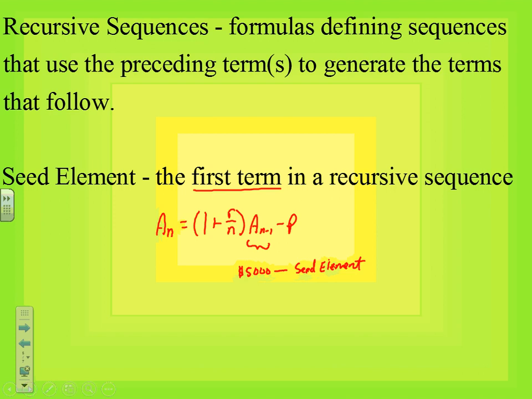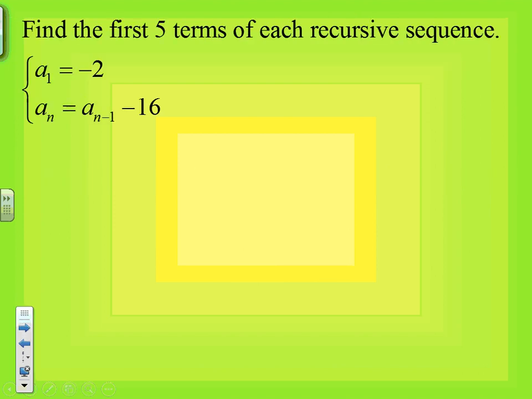And it usually is going to be a decreasing thing over time, because you're paying something off, or something is breaking apart, like radioactive decay, something is falling apart, or something is becoming less over time. That's what a lot of recursive sequences are used for. All right, so here we have an example of a recursive sequence.